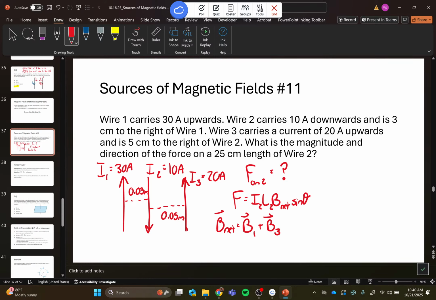So, go ahead and spend a few moments. What is the direction of the field due to wire 1, where wire 2 is located? What is the direction of the field due to wire 3, where wire 2 is located? I'm trying to find the field somewhere along this line due to each of these. Right now, just find the direction.